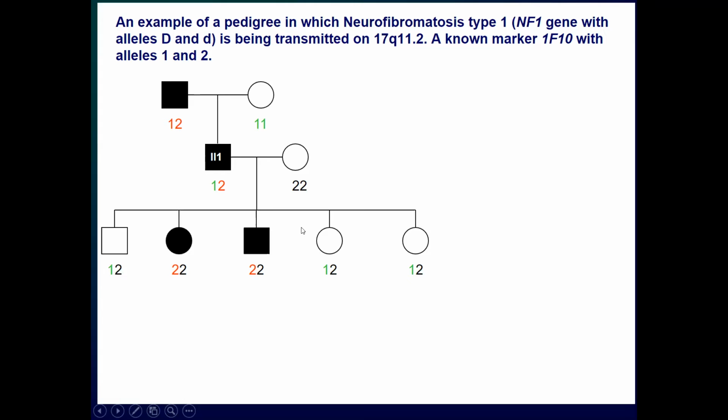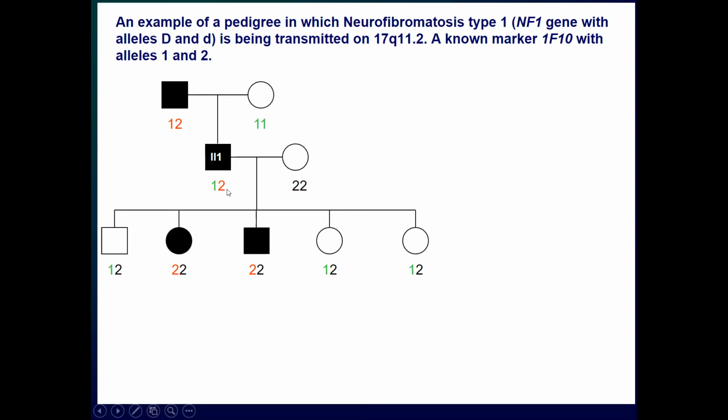Now, when you look at this pedigree, do you see any recombinants? No, there are no recombinants. Let's start from this individual here. 1 came from the healthy mother, 2 came from the affected father.